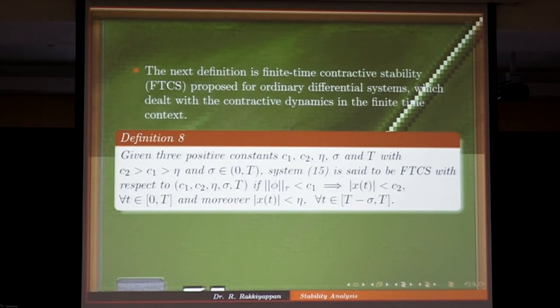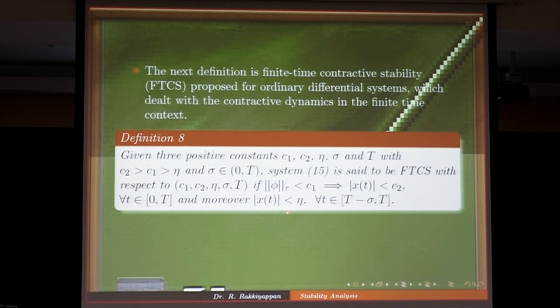The next definition is finite time contractive stability. Comparing to the previous definition, we have one more constant involved. If the system is finite time contractive stable, then for all initial conditions with norm less than C1, norm x of t is less than C2.